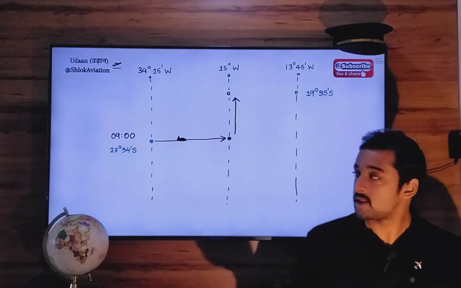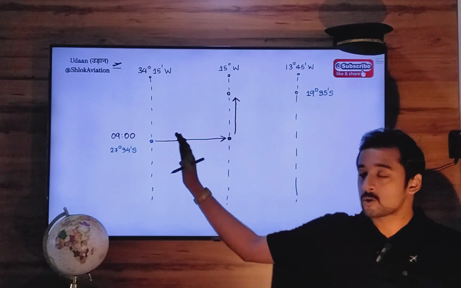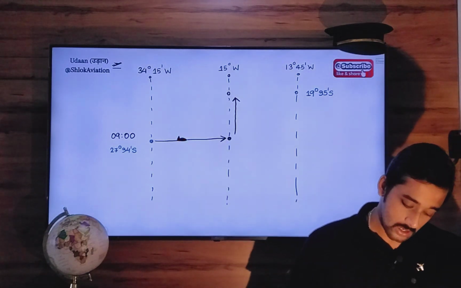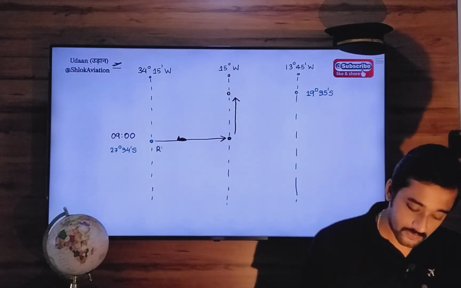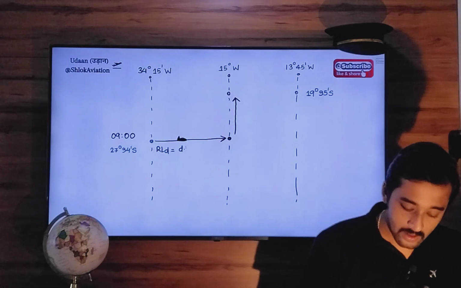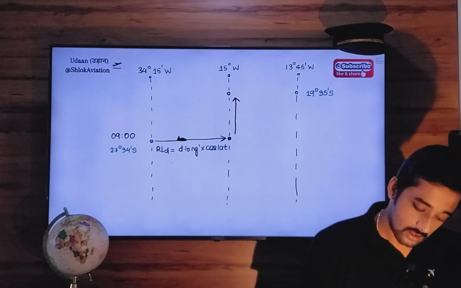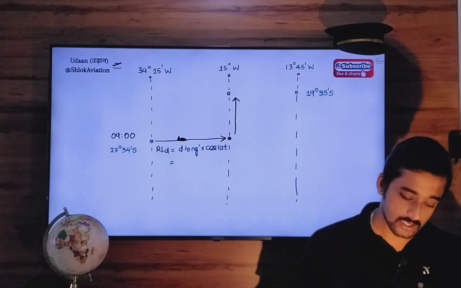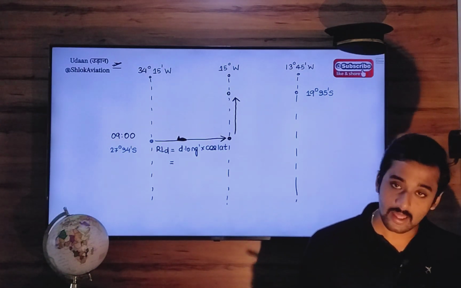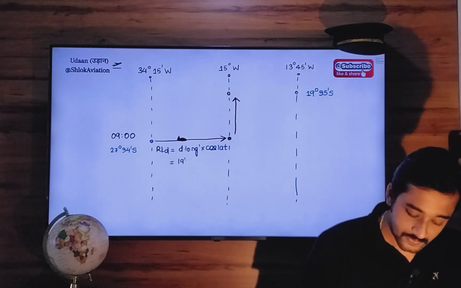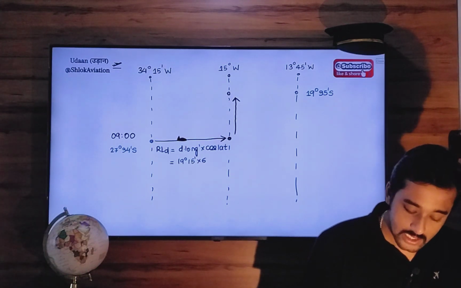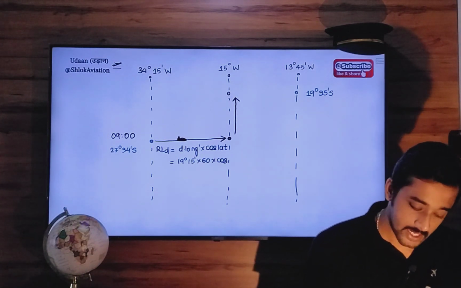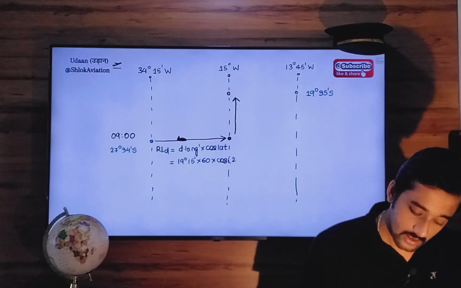The distance that this aircraft will cover from this longitude to this longitude will be the rhumb line distance, d long in minutes times cos lat. The difference between these two longitudes is 34 degrees 15 minutes minus 15 degrees, that is 19 degrees 15 minutes, times 60 times cos of latitude 27 degrees 34 minutes.